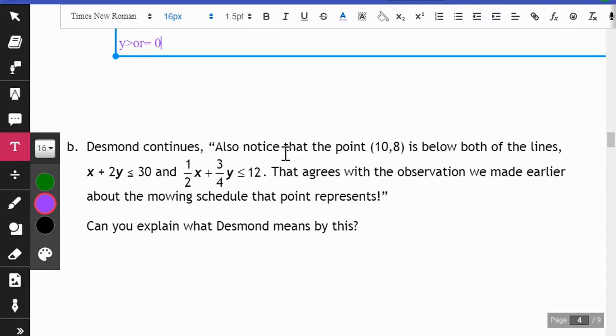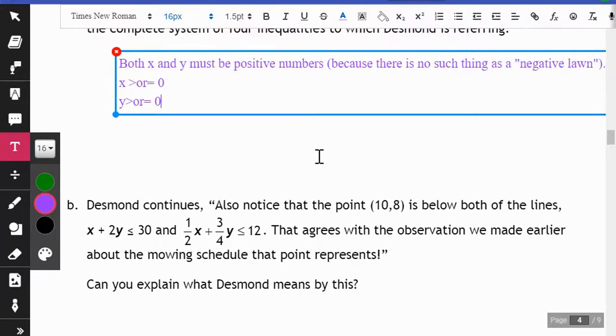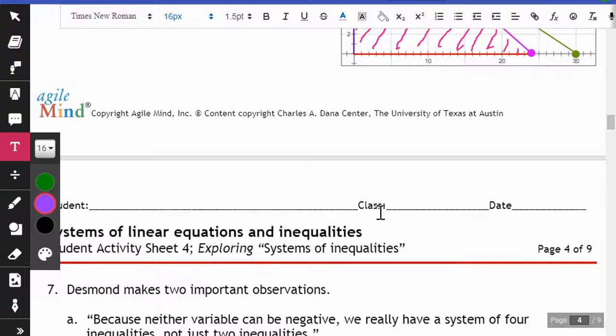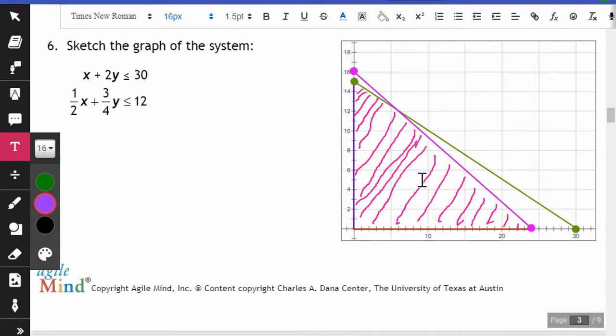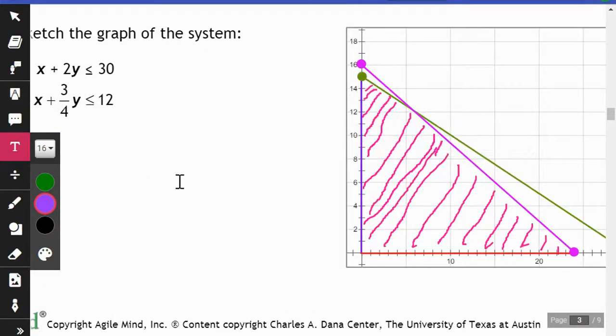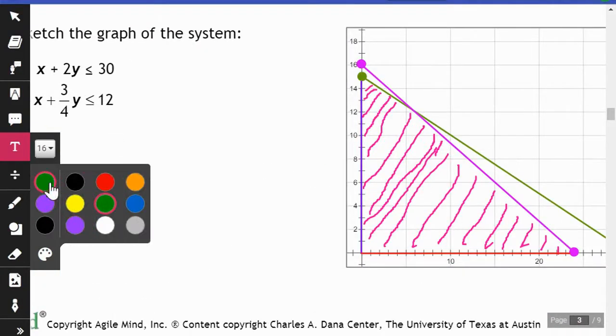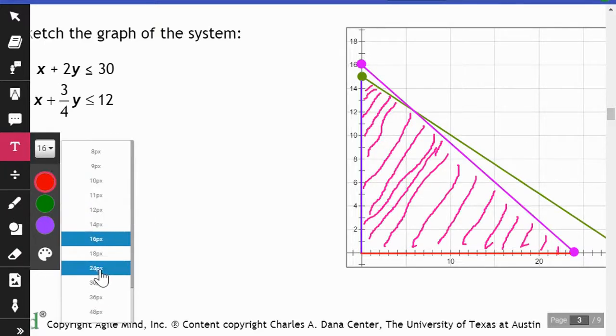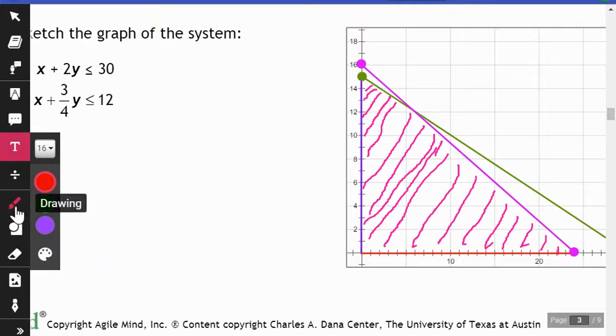Okay, Desmond also continues. Also, notice that the point (10, 8) is below both of the lines. Okay, what does that mean? Let's find the point (10, 8). Let's make it red so we can see it easily.